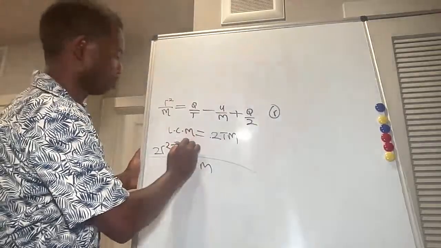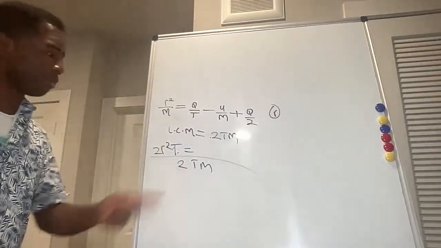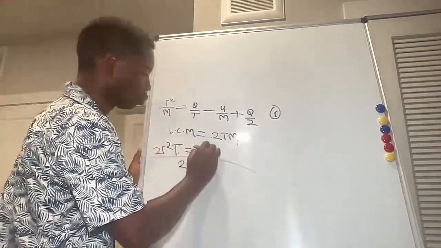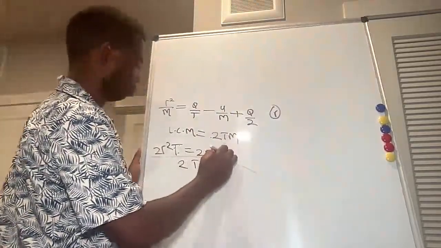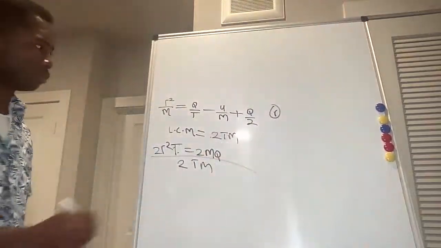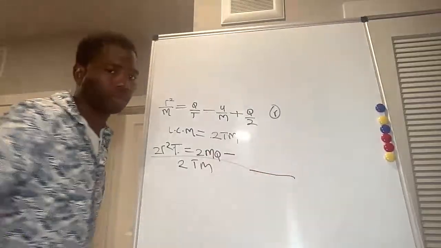Is equal to T divided by 2TM is going to give you 2M. 2M times Q, 2MQ. Bring your sign.